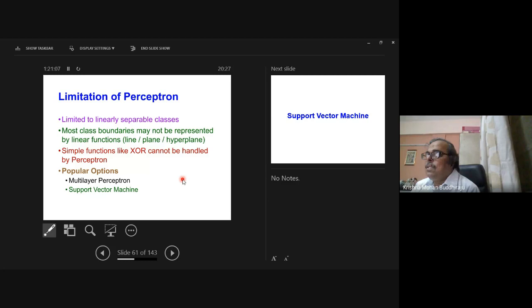It gives you some boundary, and the training samples are correctly classified, no problem with it. But what happens when you have new test samples? The perceptron does not care about it. So a better classifier, which is an extension of this simple perceptron, is the support vector machine.